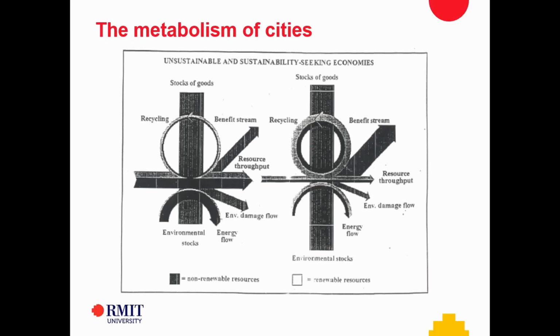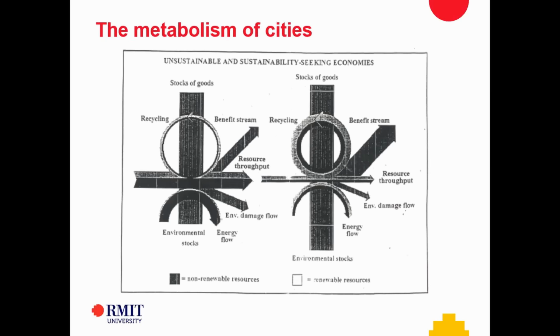It's viewing the city as a kind of organic entity, almost as if it was a natural living creature, and involves, again, a paradigm shift from the view on the left, which is the normal state of affairs, where, for example, you'll see the recycling stream in the old way of doing things is actually pretty small.